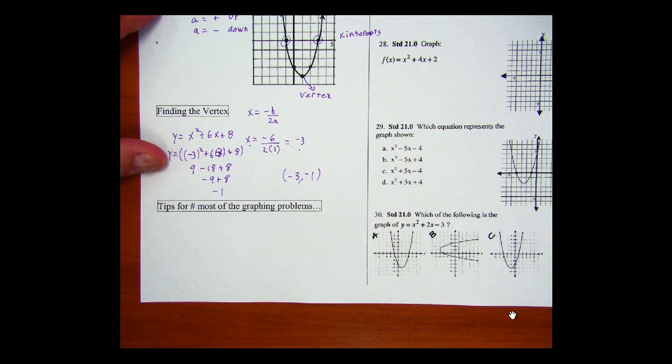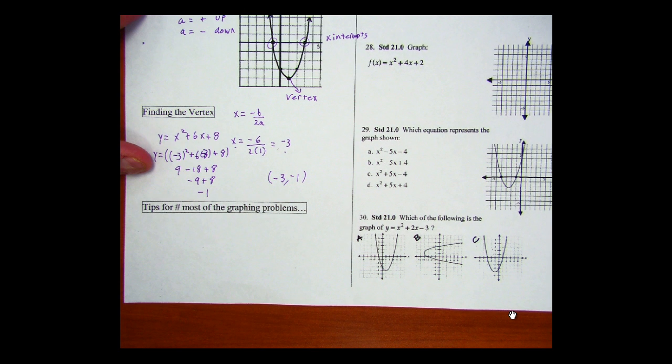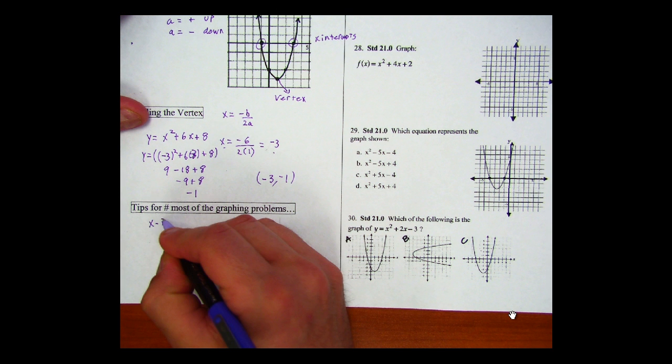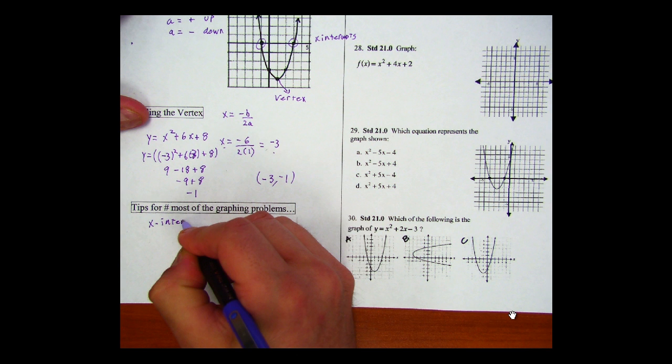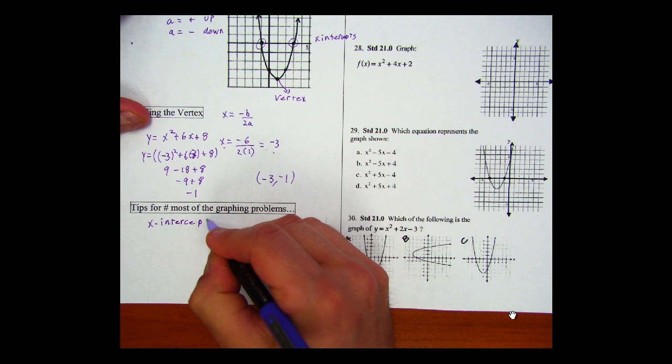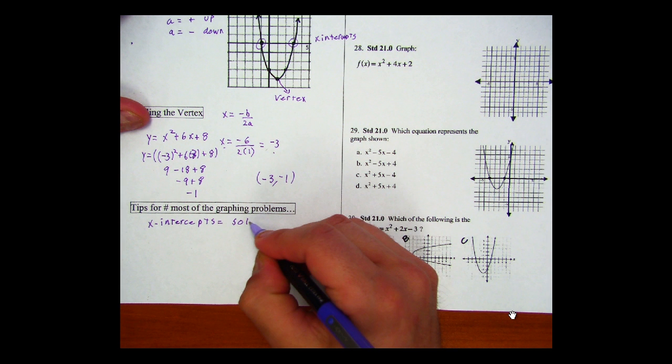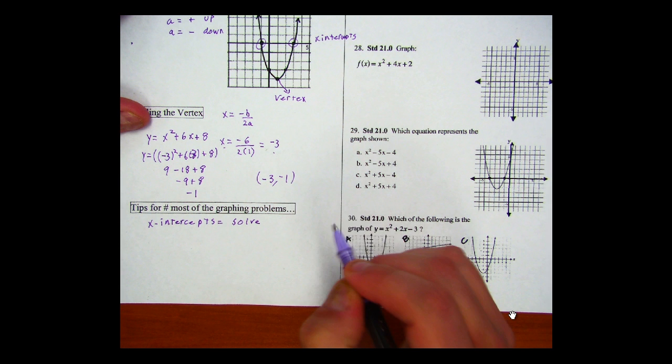Okay, the tips for most of the graphing problems are, again, what I was just speaking about. If you can find the x-intercepts, and how do you do that? You find the solution. You solve for x. You find the zeros, the roots, just like we did on the previous side.